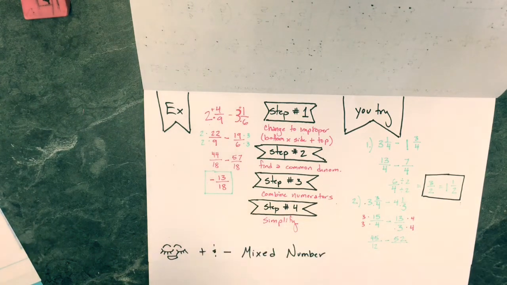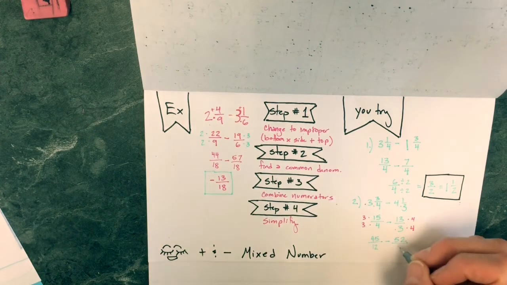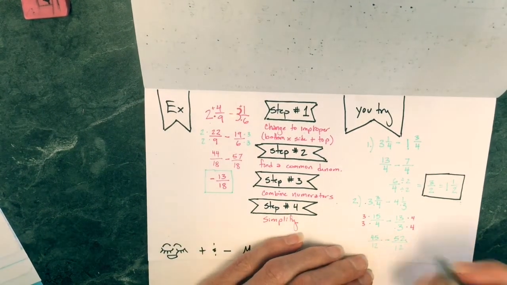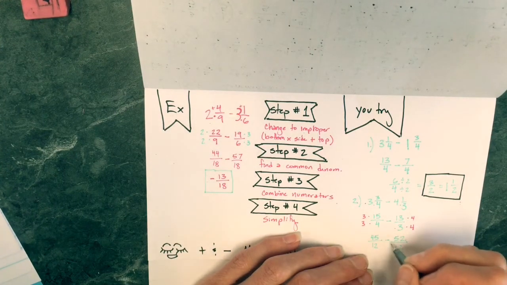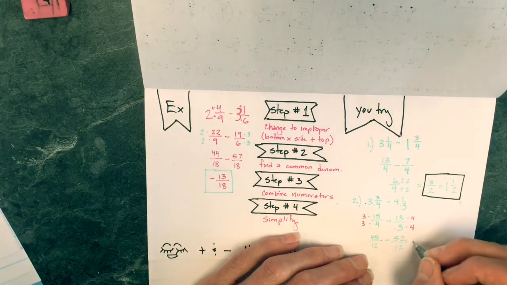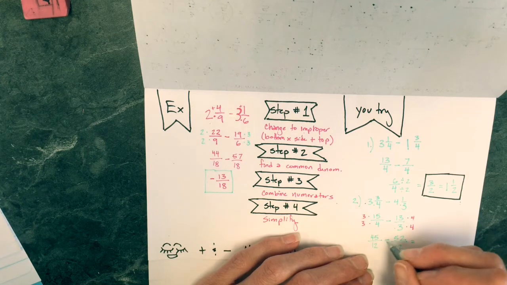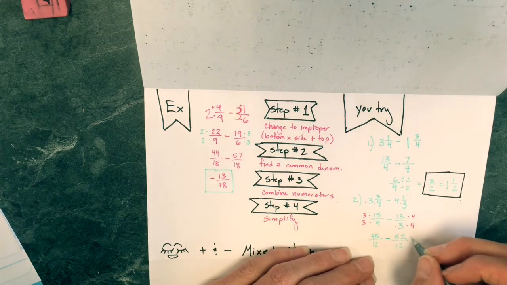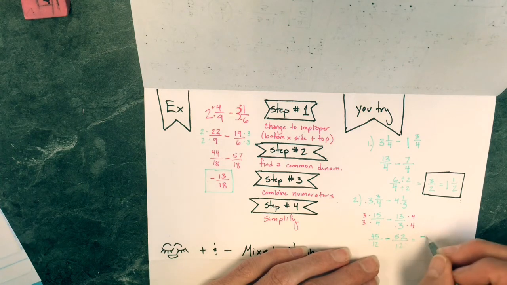And then 4 times 3 is 12. If I subtract those two, 45 minus 52 would be 7. And then 52 is further away from 0, so it's going to be negatives left over. So it's going to be negative 7 over 12.